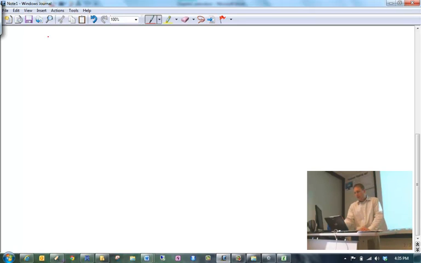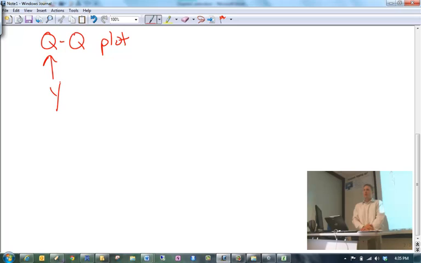So, a QQ plot, quantile plot. On the y-axis, we want quantiles from our observed data. Well, what do I mean by quantiles? These are simply the order statistics. Okay?